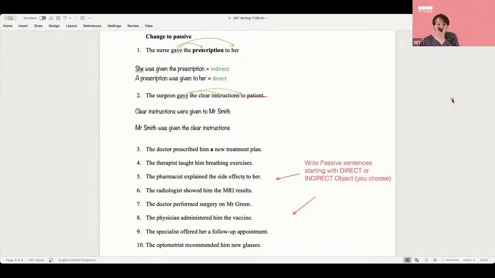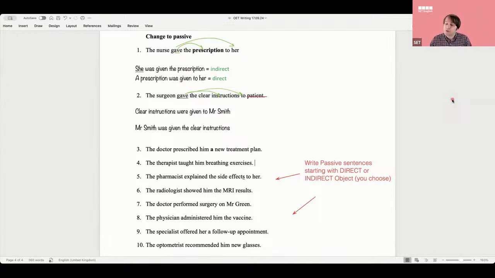It's good writing. Catalina, he was taught breathing exercises. Perfect. Catalina, can I say breathing exercises were taught? Can I say that? Breathing exercises were taught? Yes, we can. Is it Hamid? You're new, sir. I didn't say hello before, but welcome.